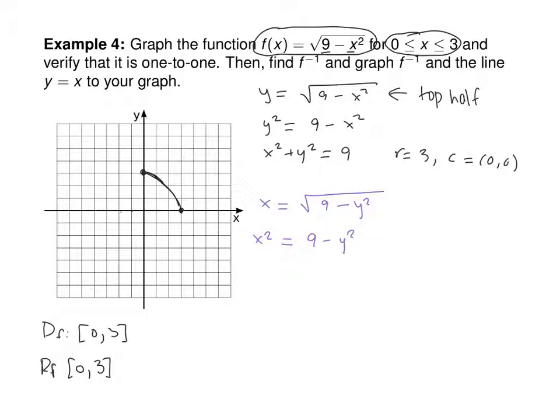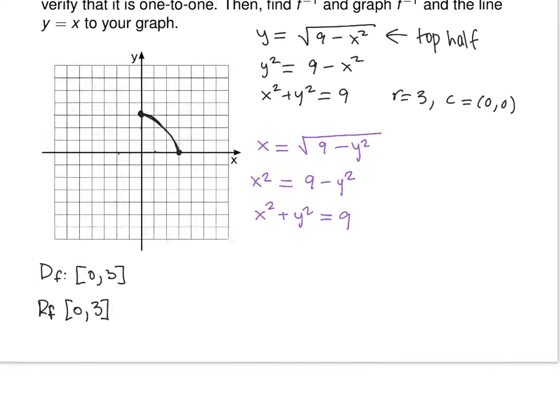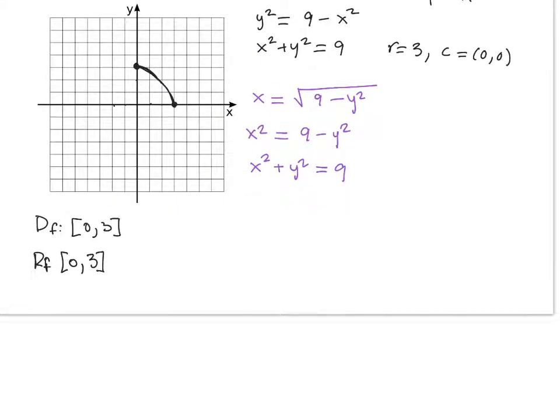Or add a y squared. Sure. x squared plus y squared equals 9. And then what next? No, you have to get the y by itself. Subtract x squared. And then take a square root, right? That just brings us back to the original equation.